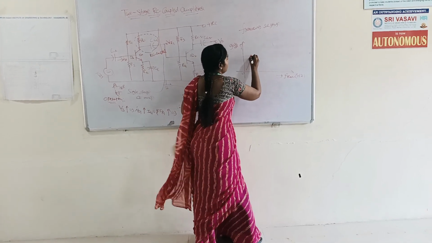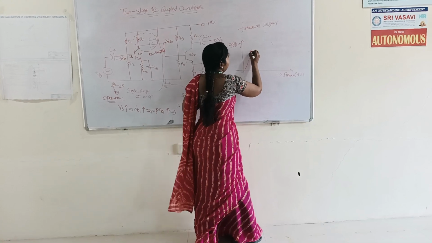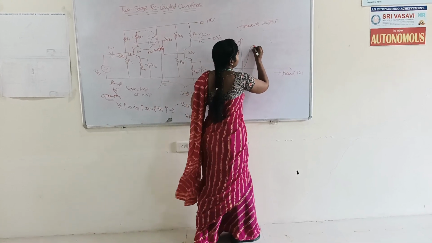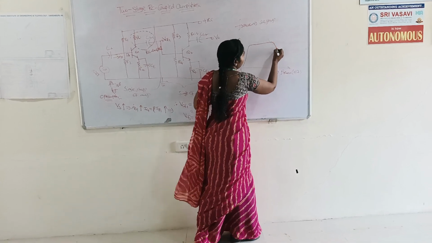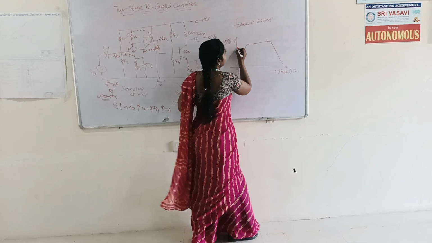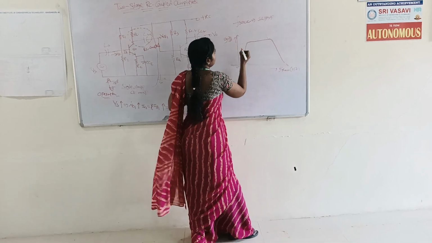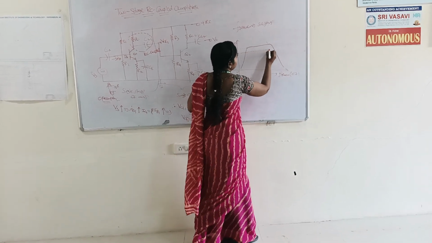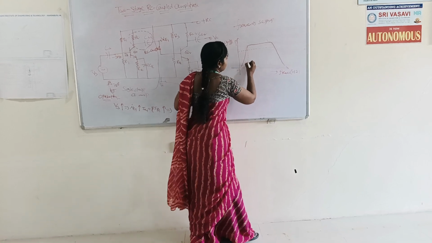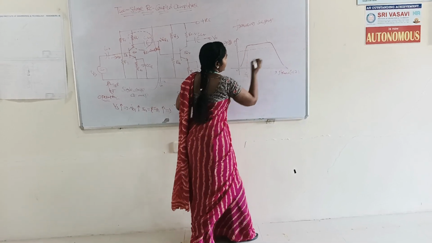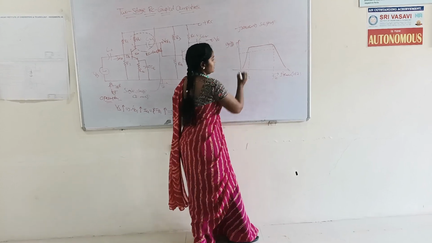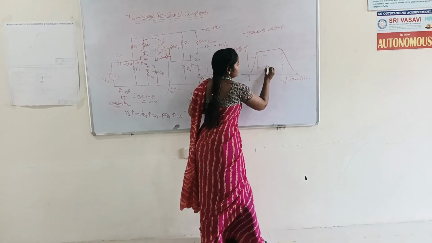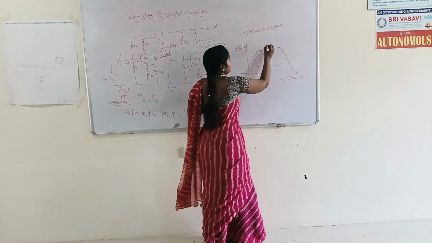First the frequency is increased, after that the gain tends to constant, then onwards it will be decreased. This is the FL, lower cutoff frequency. This is the FH, higher cutoff frequency. The difference between FL and FH is the bandwidth.